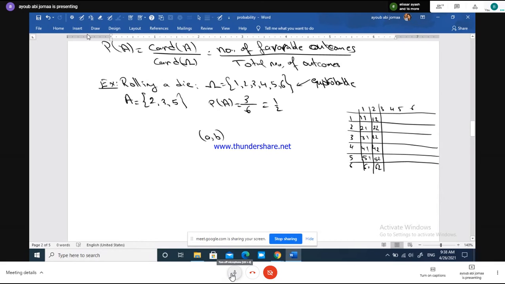No, who told you they are equal? The probability of A and the probability of B are equal. Yes, because if you have a certain number, for example 3 and 4, the probability of 3 and the probability of 4 are equal, and each one is 1 over 6.